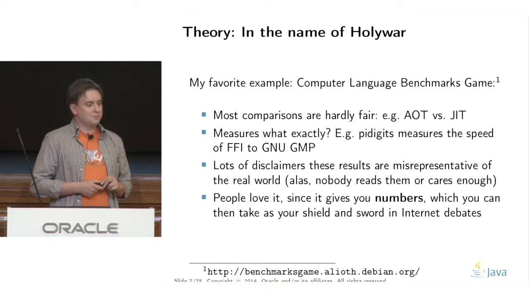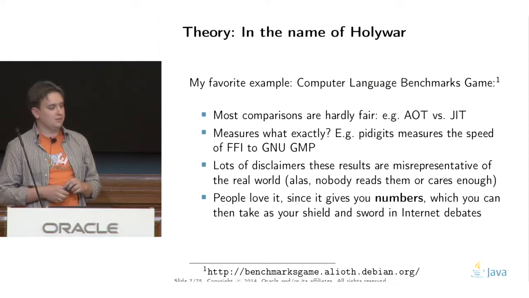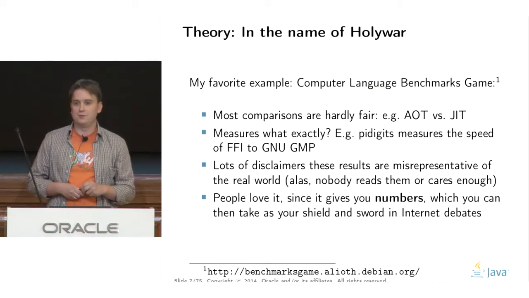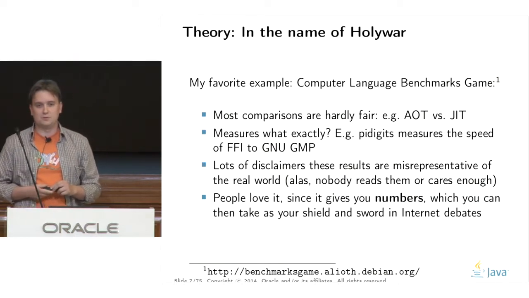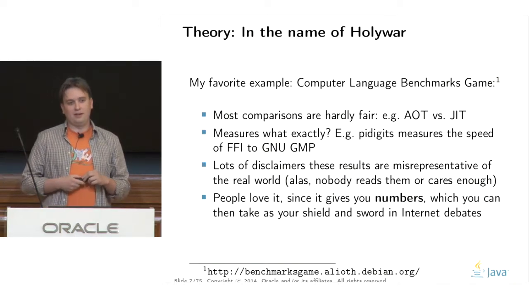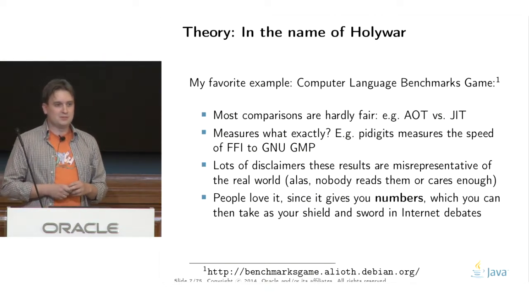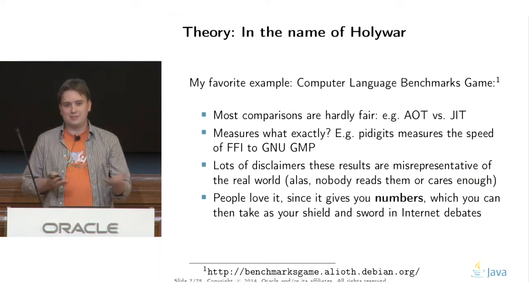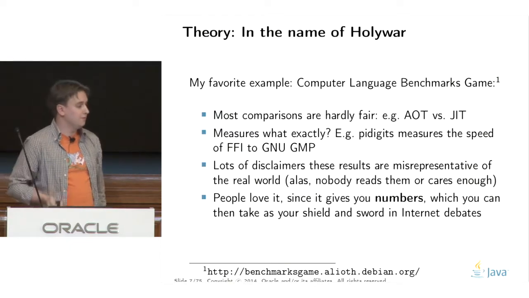Well, and it's not really surprising if you look at the code, because all the top contenders there are delegating the task of calculating the first 10,000 digits of pi to GNU GMP, which is written in C, and you only actually benchmark the FFI interface to that library. So it's not really a language benchmark per se, right? It's just a very tiny thing in your implementation, which is FFI.